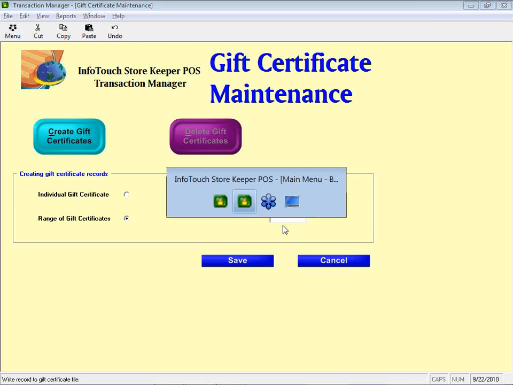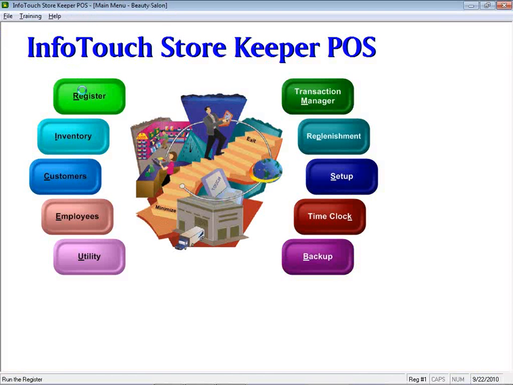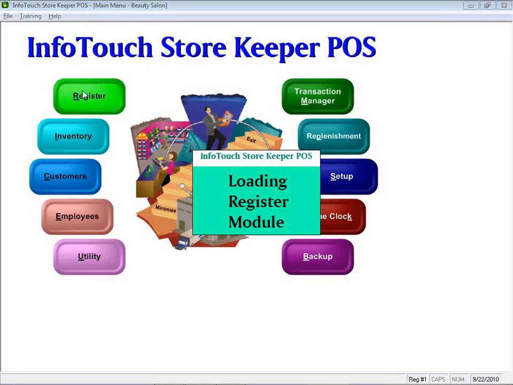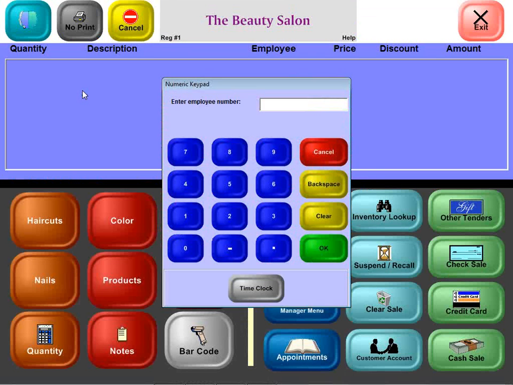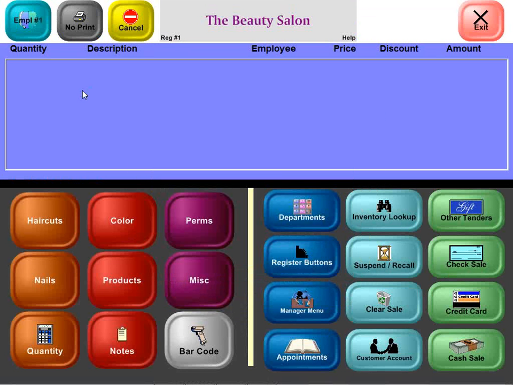Okay, let's take a look now at how those are used in the register. So we're in the beauty salon here, and a gift certificate is considered a part of the other tender types.